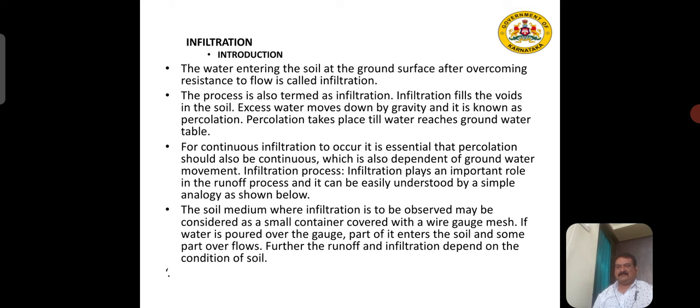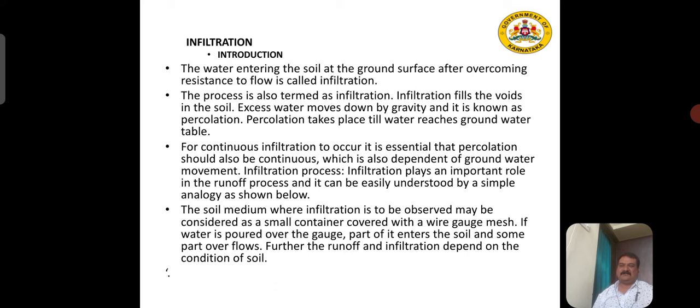The soil medium where infiltration is to be observed may be considered as a small container covered with a wire gauge mesh. If water is poured over the gauge, part of it enters the soil and some part overflows.